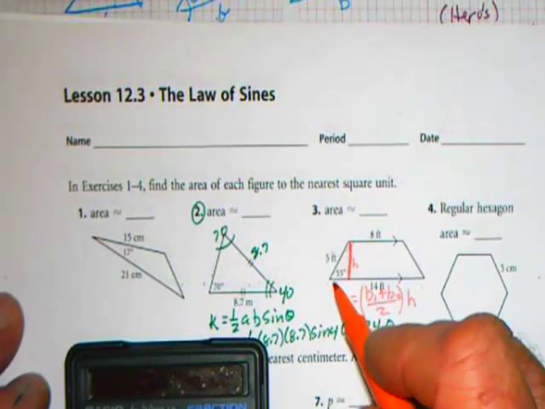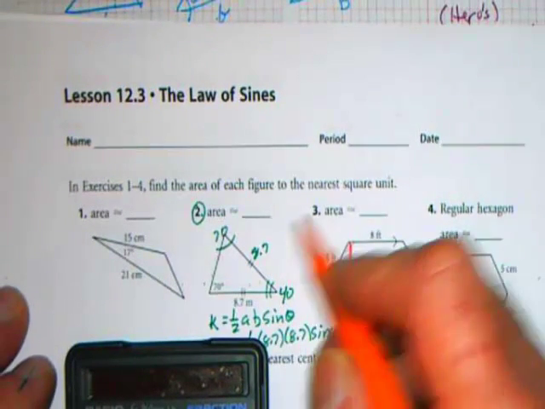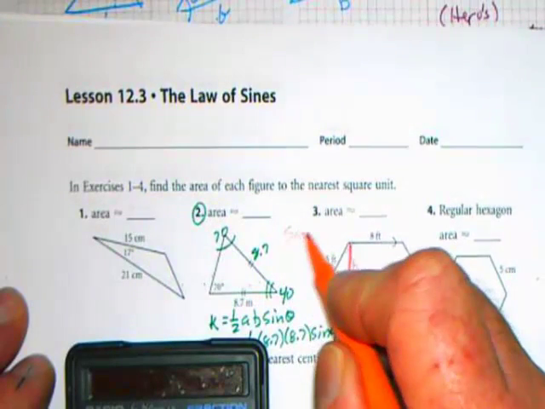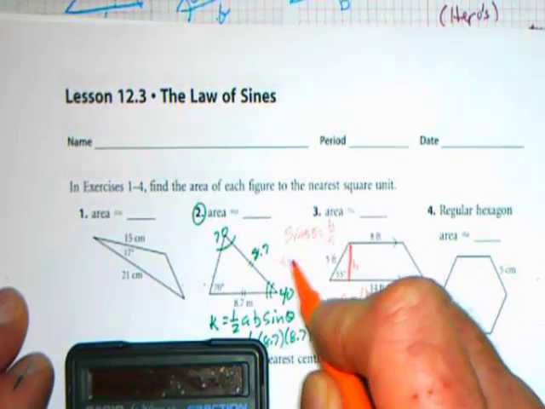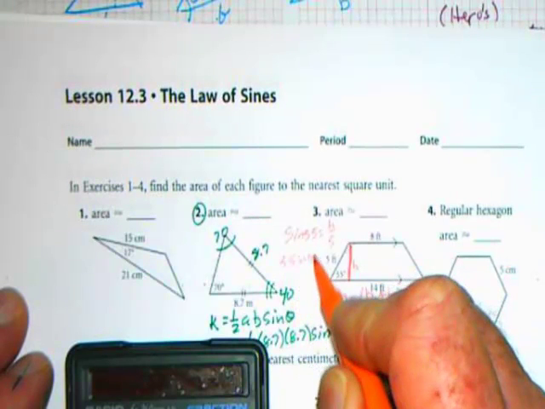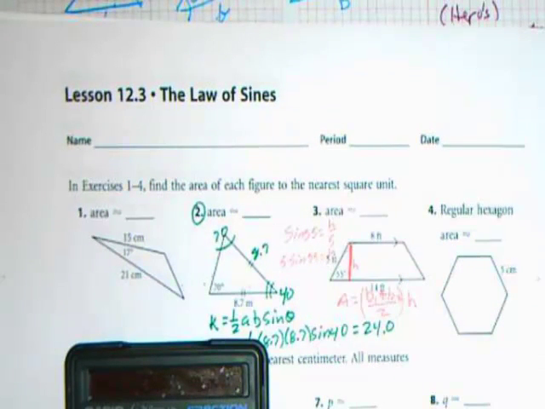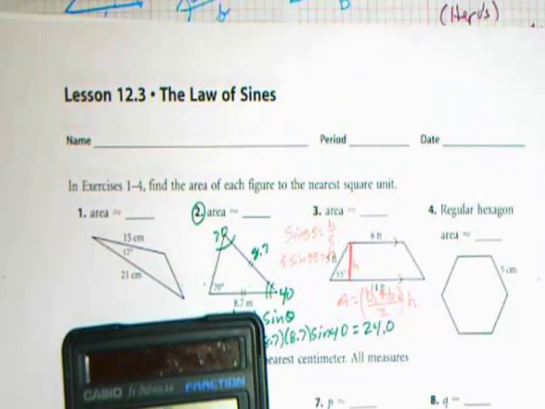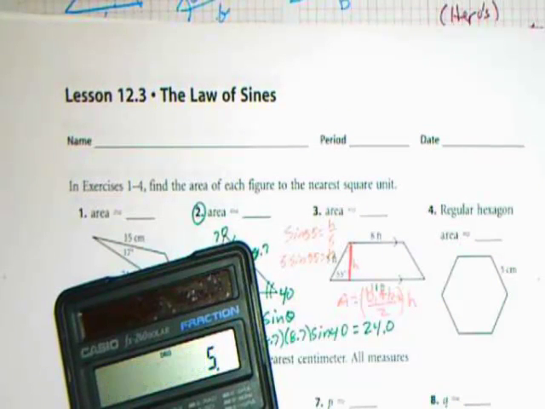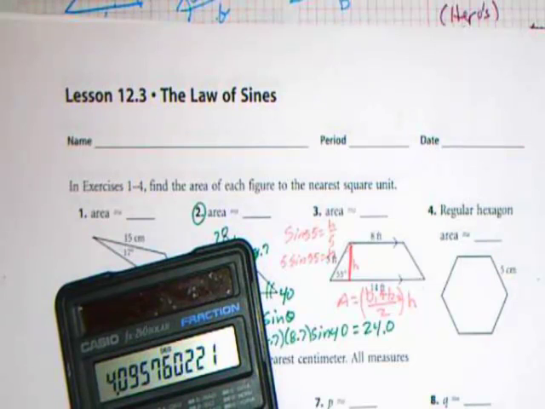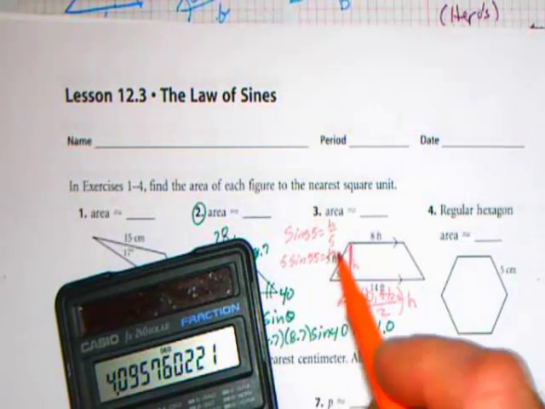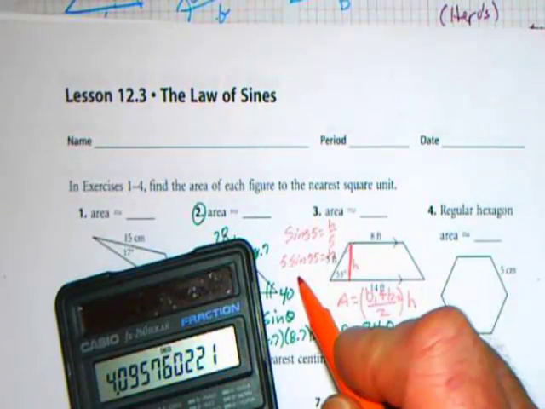So sine 55 is equal to h over 5, or 5 sine 55 is equal to h. So let's see, 5 times sine of 55 comes out to be 4.09. So we'll call this 4.1 for right now.